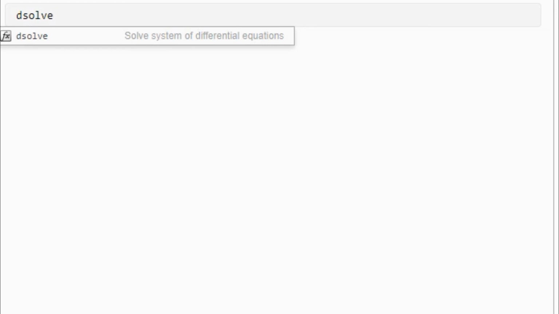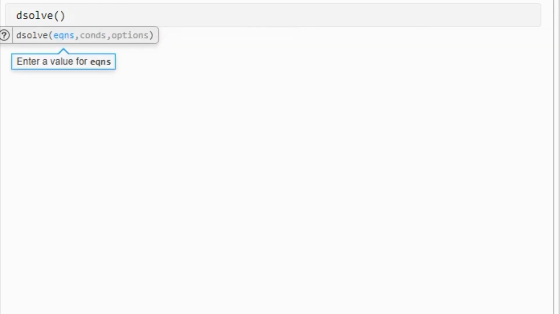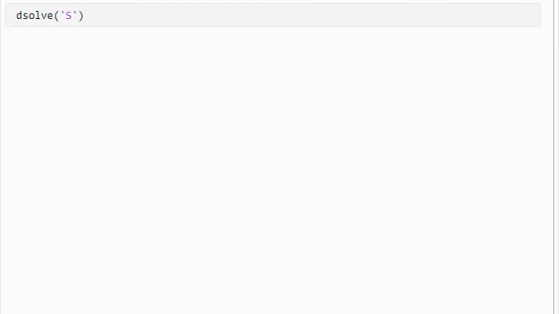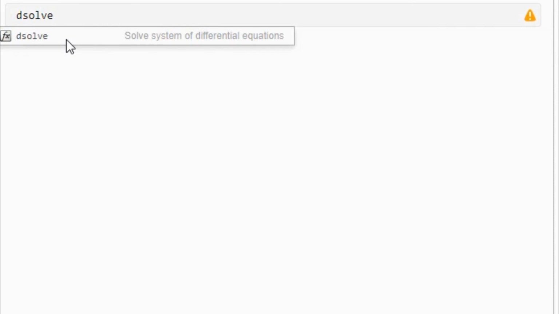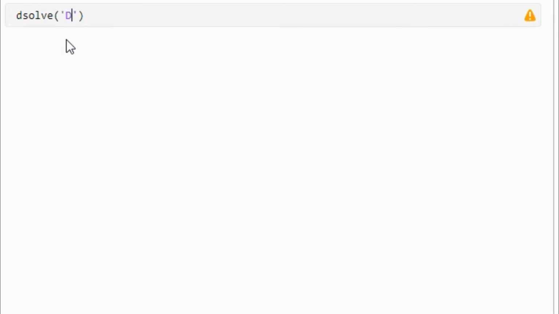So dsolve is just like, again we are taking another differential equation to check the solution. It means that dy is equal to 1 plus y square, a first order differential equation, and you will type dsolve, dy is equal to 1 plus y square, with initial condition y at 0.